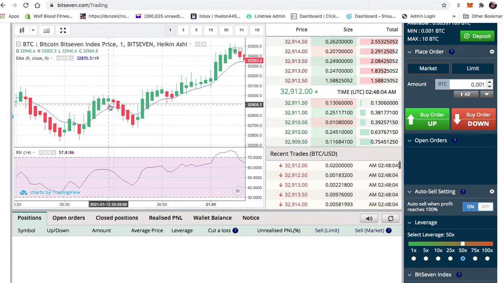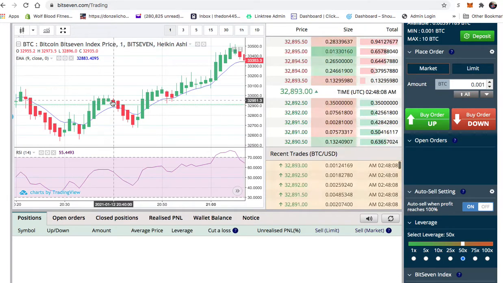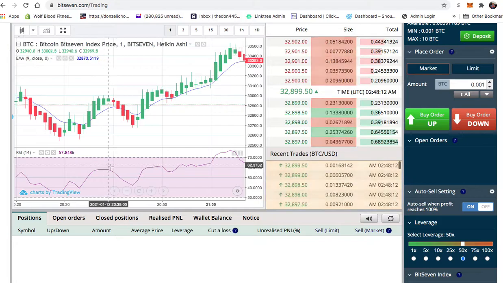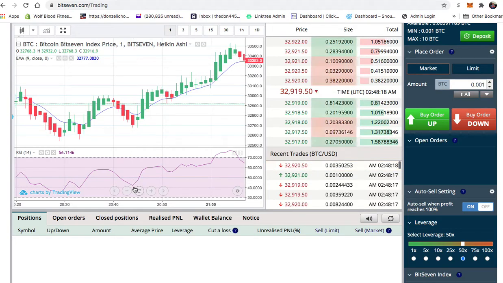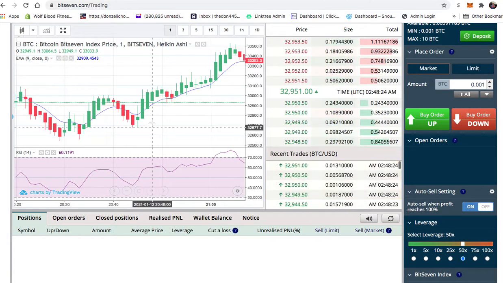Okay, now we're starting to get resistance, turning into a more bearish market at this point. We get the red candles. What's your RSI do? It starts coming back down. Okay, so it kind of goes hand in hand. Now, when you see this right here, you take a sharp turn like that.